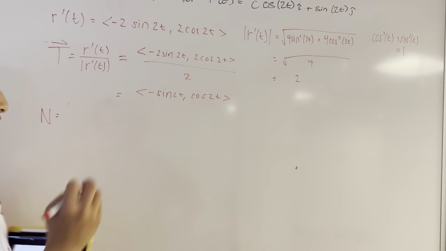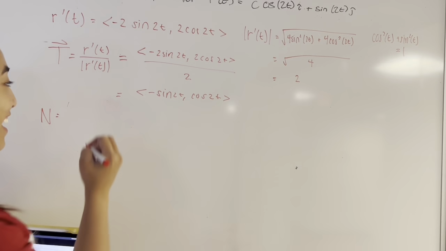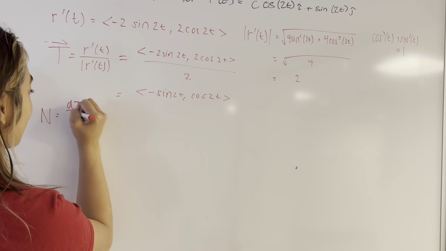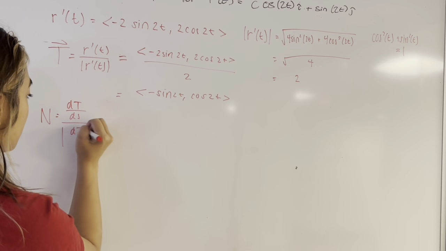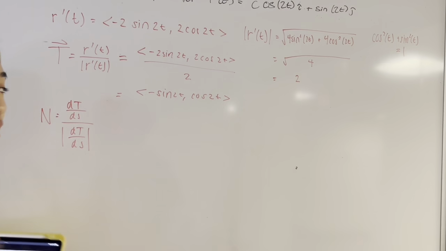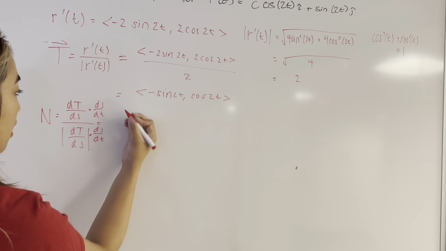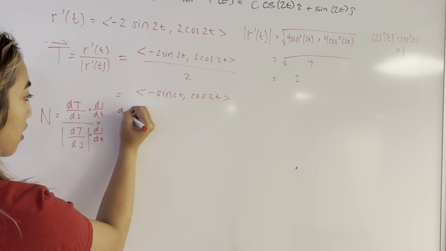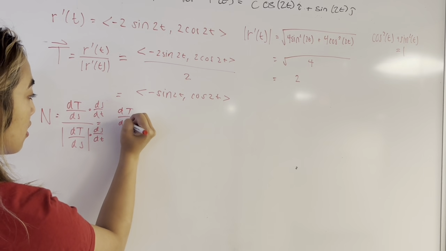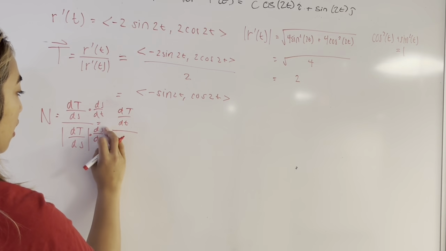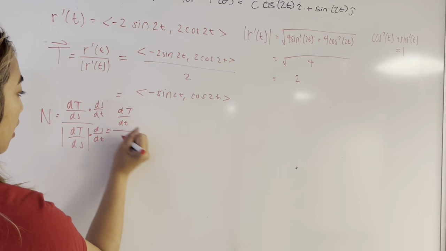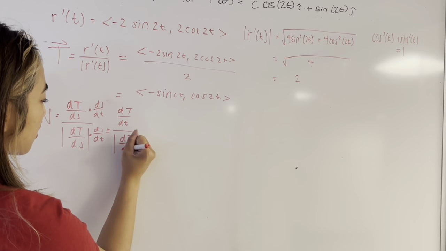So N is defined to be, as Mr. Lara said, dT/ds all over the magnitude of dT/ds. Let's use the chain rule. Multiply this by ds/dt. And then we get N is also equal to dT/dt over the magnitude of dT/dt.